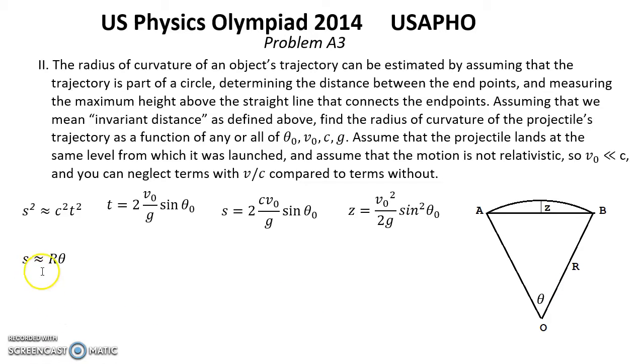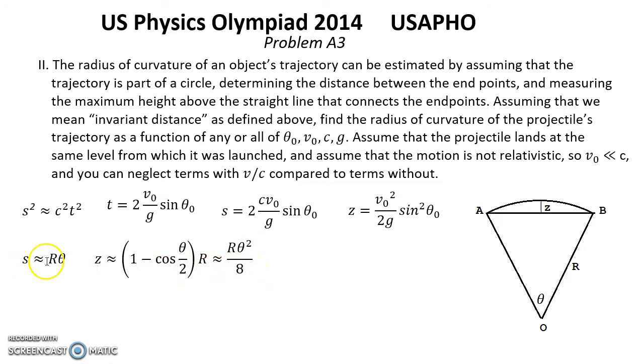We have s approximately equal radius multiplied by small angle theta, where theta is not theta 0. That's a different one. And also we can find z. So we have maximum height approximately equal this expression, which is r theta squared over 8.